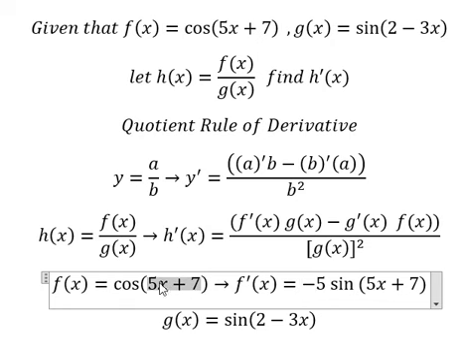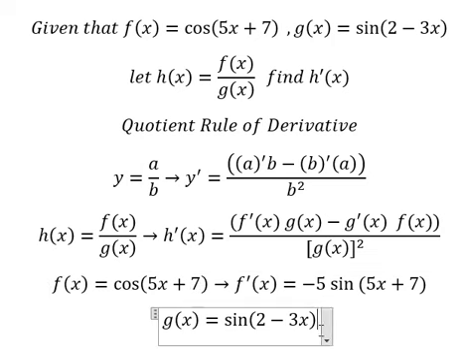Later we do the first derivative of 5s plus 7. This one we have number 1. This one is the constant, so you get number 0. This is the reason why we have number 5.